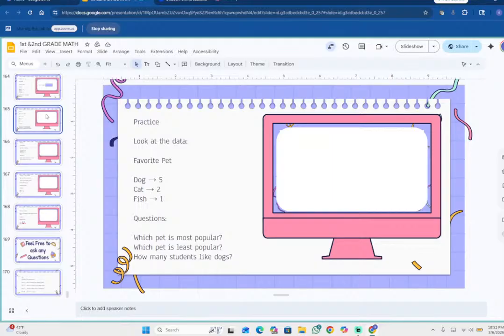And 1 vote for fish, so 1 person voted for fish. Questions: Which pet is the most popular? Which pet is least popular? How many students like dogs? So we can wait 3 minutes and we'll come back.